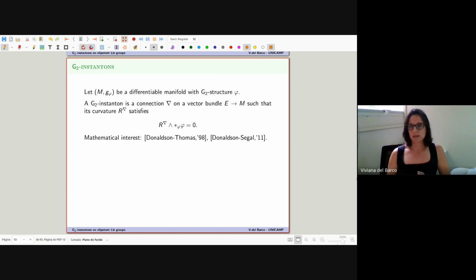Okay, but then there appeared some examples of G2 instantons over torsion-free G2 manifolds, that is, manifolds with holonomy G2, but then they started to be constructed, the G2 instantons, on manifolds having closed, coclosed, or other kind of torsion G2 structures.